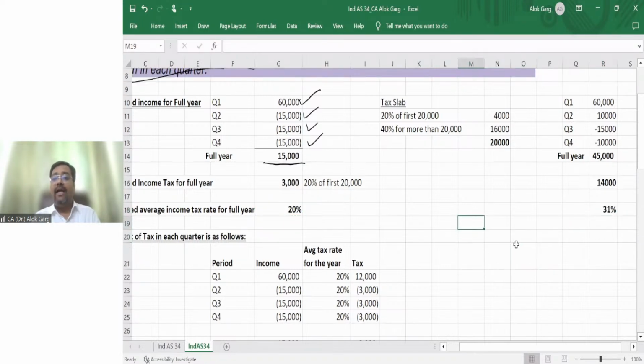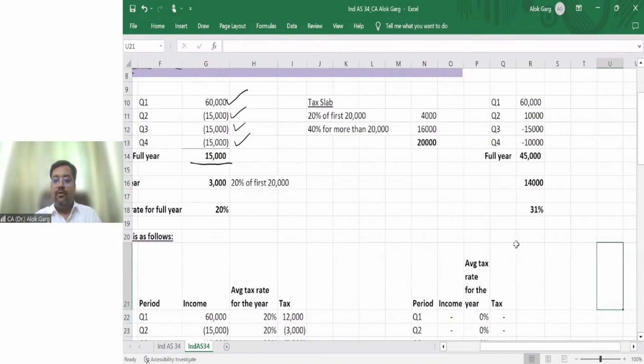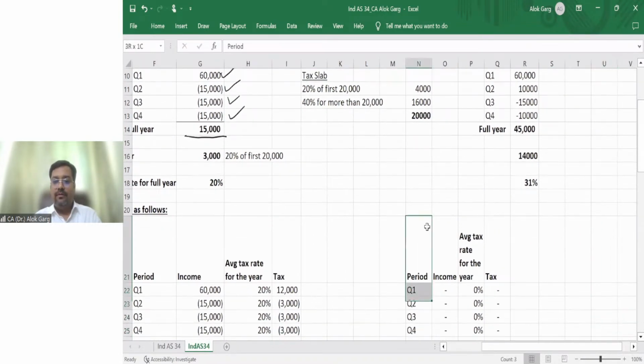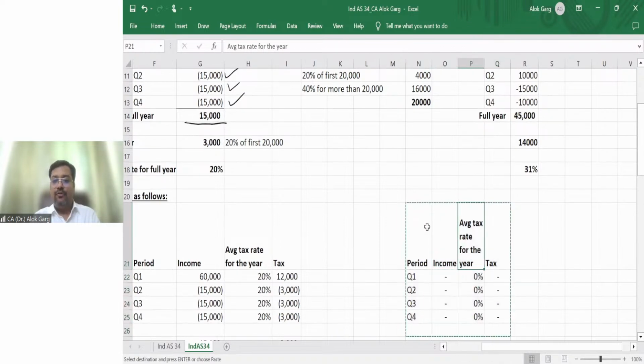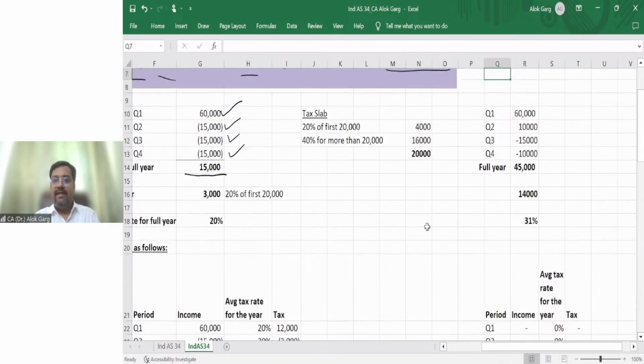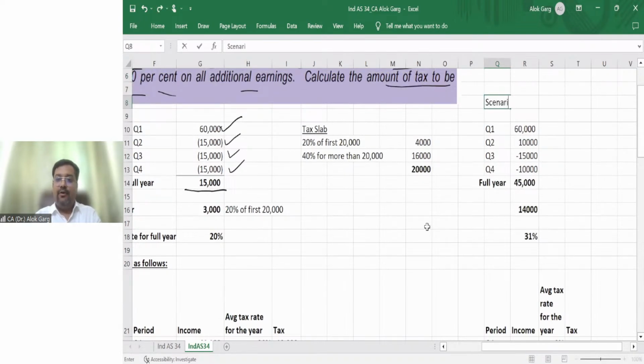Friends, in that case, in quarter two, what will I do? Again, I will compute this in quarter two. Since I'm giving you a second scenario also, let's call it scenario two, when the actual numbers change in Q2 and the expectation has also changed.